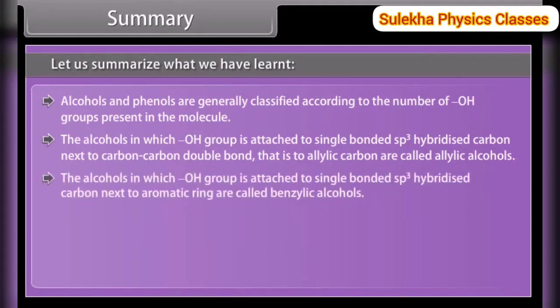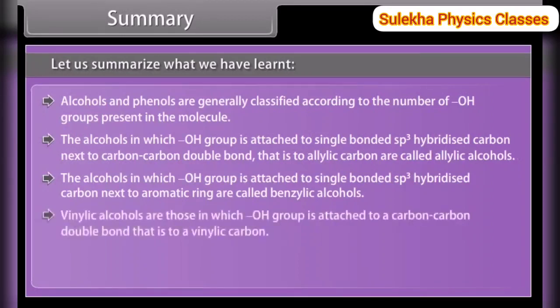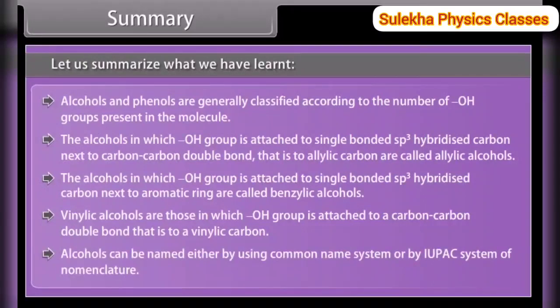The alcohols in which the hydroxyl group is attached to a single bonded sp3 hybridized carbon next to an aromatic ring are called benzylic alcohols. Vinylic alcohols are those in which the hydroxyl group is attached to a carbon-carbon double bond, that is to a vinylic carbon. Alcohols can be named either by the common name system or by the IUPAC system of nomenclature.